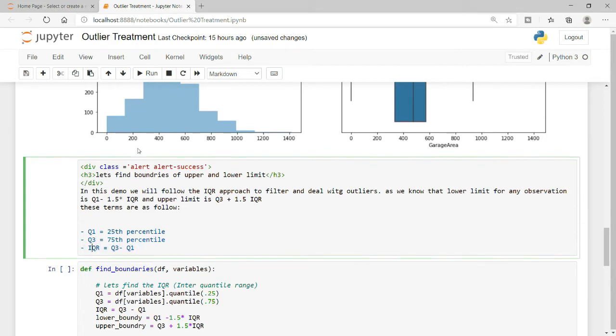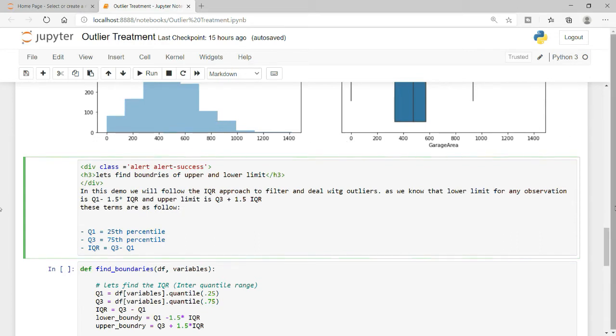It lies somewhere here, and these are the data points where you do not expect any outlier. These values are segregated very close to your mean and median. So the interquartile range is your Q3 minus Q1, the 75th percentile minus the 25th percentile.